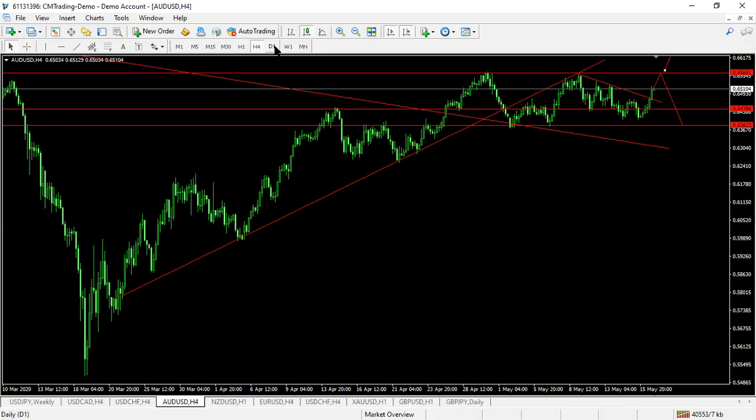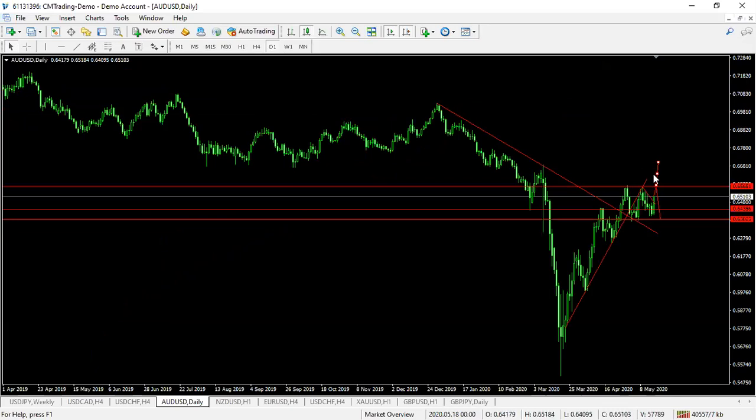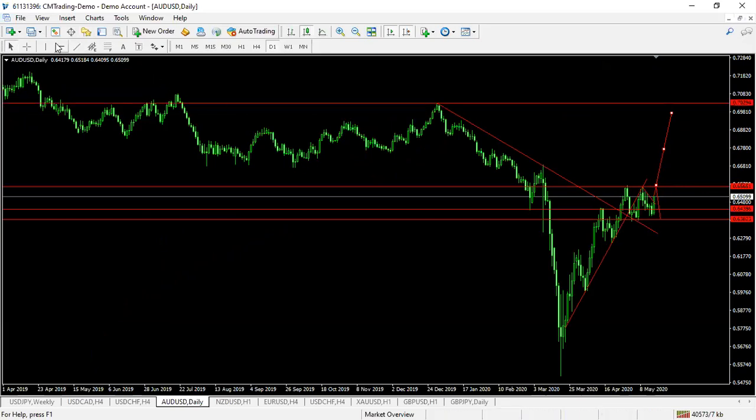So if we see price break out of this support and resistance zone, then we can expect the market to run to higher points like here, previous supports and resistance. We should expect the market to return to here. This will be the first target, then the second target will be up here.